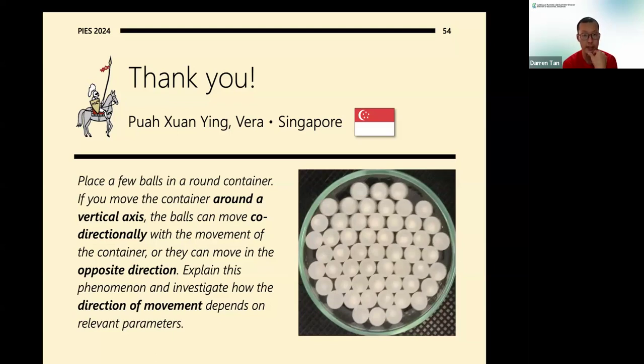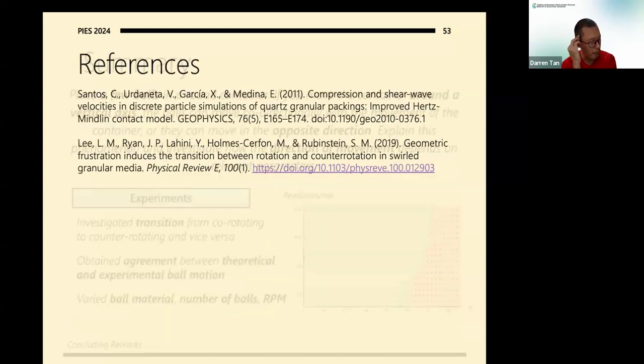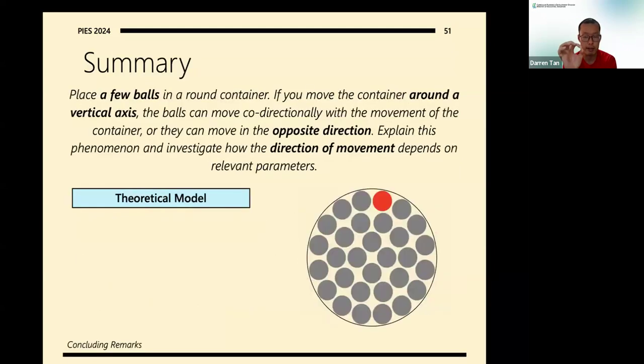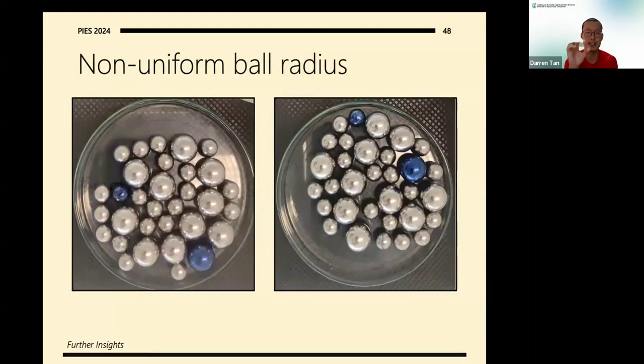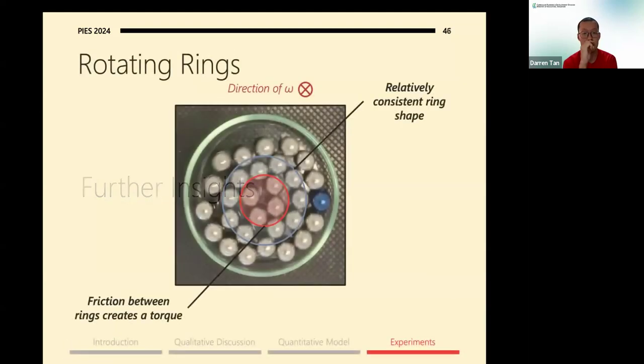I guess probably easiest if we go back to the result. Going backwards. Okay, maybe the one slide I remember was the one where you said, if you have the blue circle, the red circle and then the blue circle, right? This one. Are you saying that, in a scenario where the outermost balls are either co-rotating or counter-rotating, then there's an alternating pattern as you go in? Is that sort of what you observe?